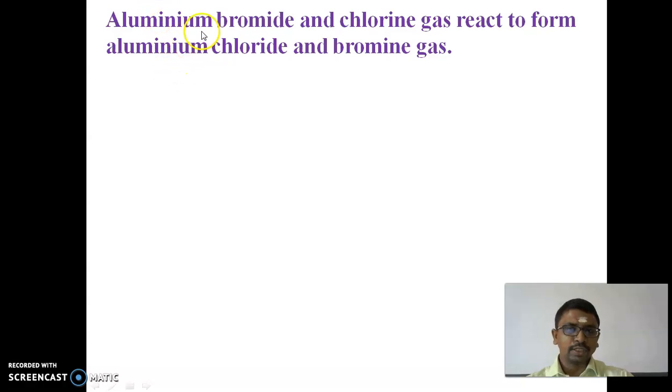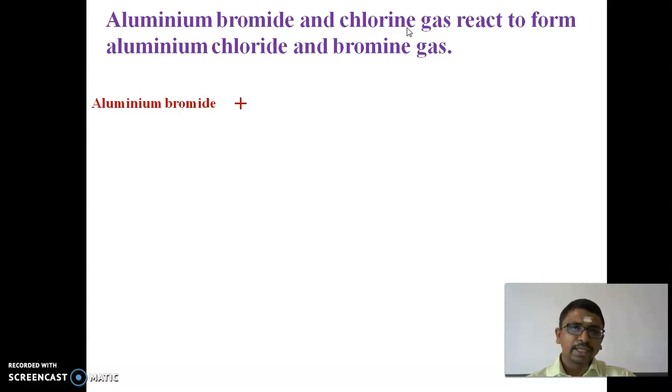So the word equation: aluminium bromide plus chlorine gas. These two come on the reactant side, which react to form aluminium chloride and bromine gas. These two come on the product side. The chlorine is in which state, children?